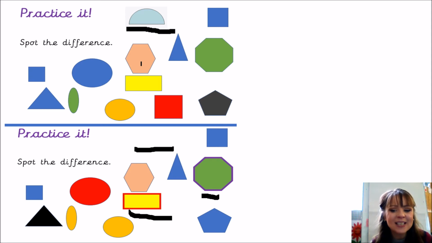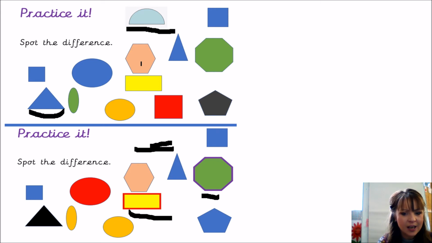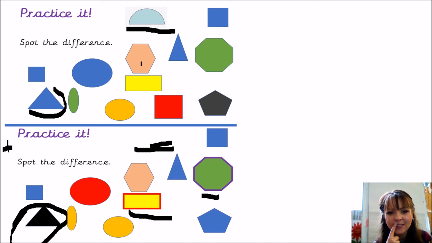The semicircle. It's missing from this picture. What's different about this triangle on this picture? That's right. It's black. The triangle has changed colour.